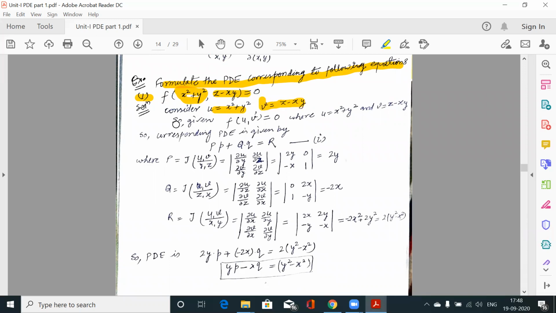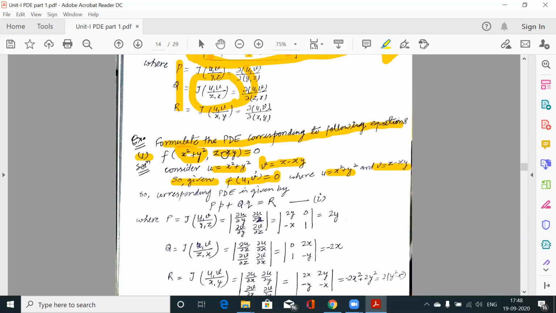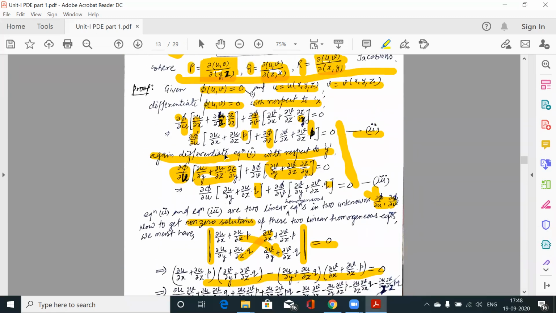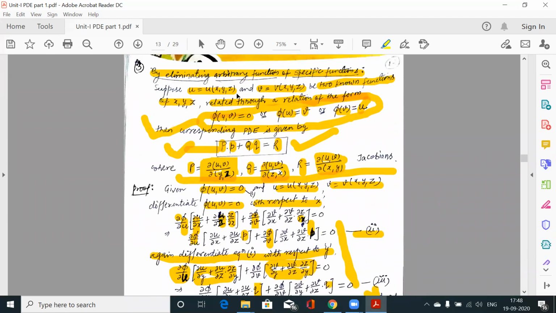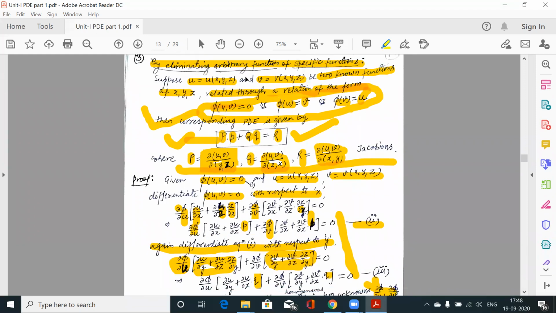So the question is given in the form f of u, v is equal to 0, where u is this and v is this. So this question is in the form of concept 3, phi of u, v is equal to 0. So we know the answer that the corresponding PDE would be capital P p plus capital Q q is equal to R. So we need to calculate these Jacobians P, Q, R.